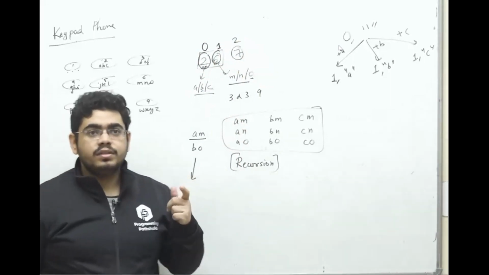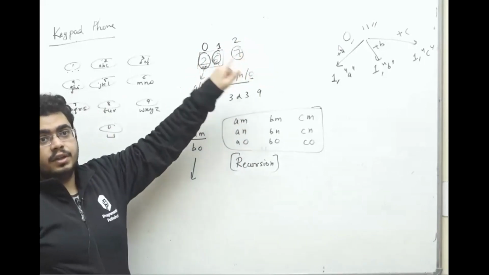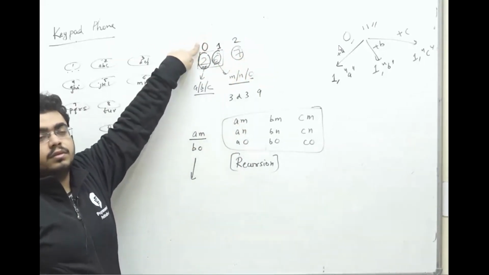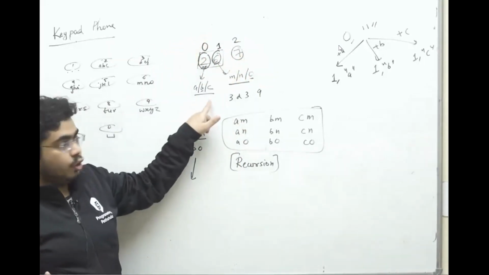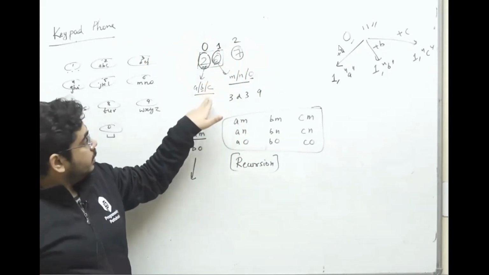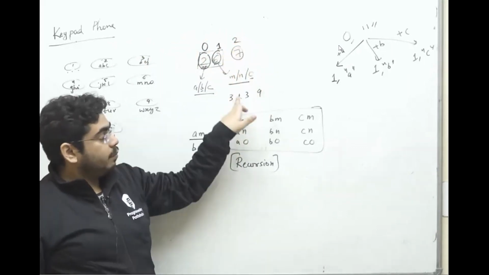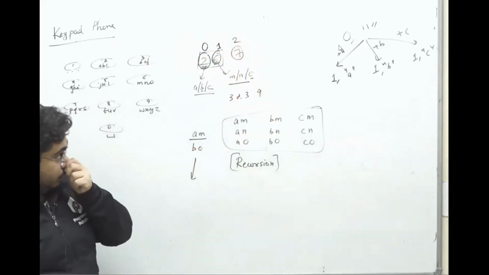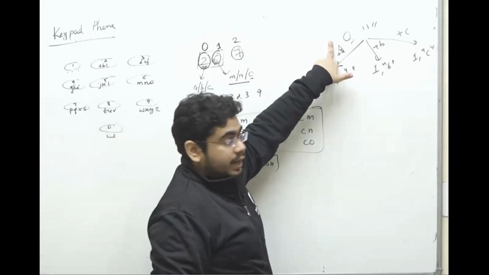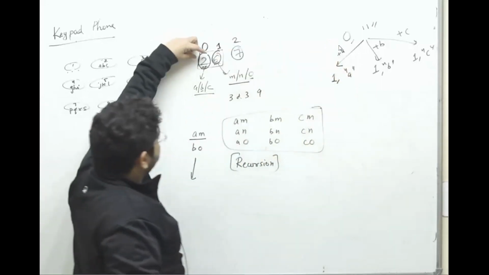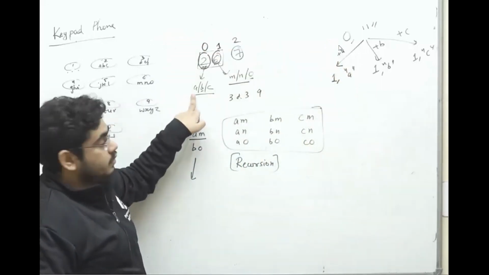So I'll go index by index. First, I will replace for 0 all the options and explore them. Then in each of those options, I'll replace 1 with all the options and then replace 2 with all these options.